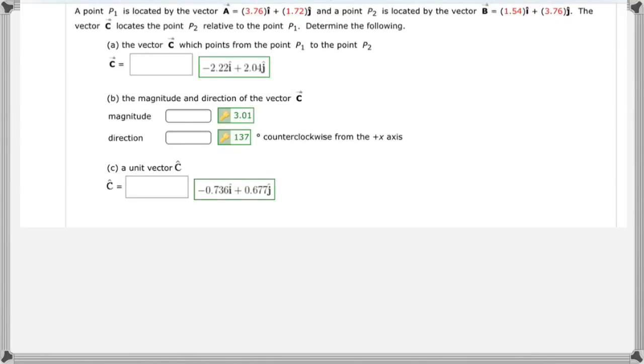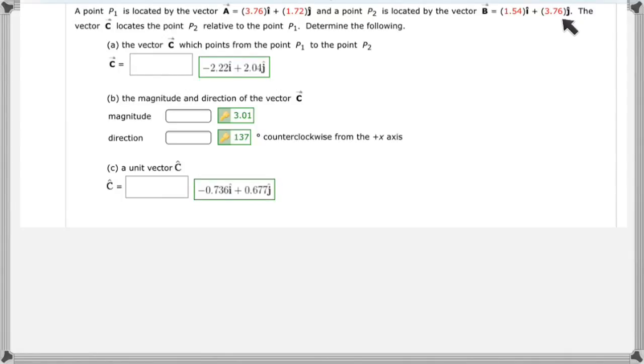The first question is: a point P1 is located by the vector A, which is 3.76i plus 1.72j, and a point P2 is located by the vector B, 1.54i plus 3.76j.